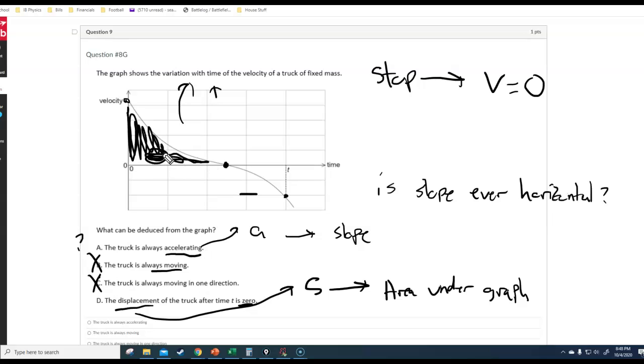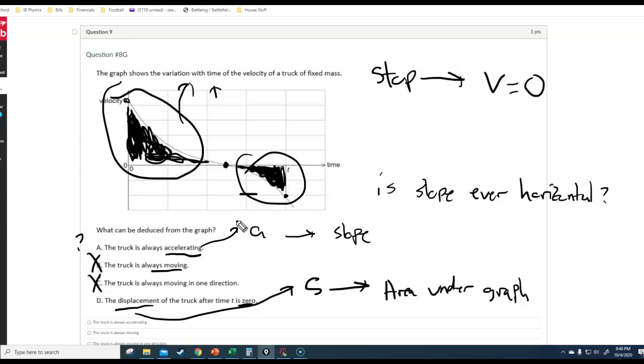That's where the object had a positive velocity and was moving in the positive direction. Is that going to cancel out completely with the area of this shape down here? Now, obviously, these are weird curves, and I wouldn't expect you to be able to calculate the area, but visually speaking, you should be able to see that this is way more area than that, which means they don't cancel out, which means D doesn't make any sense, which means the answer has to be A.